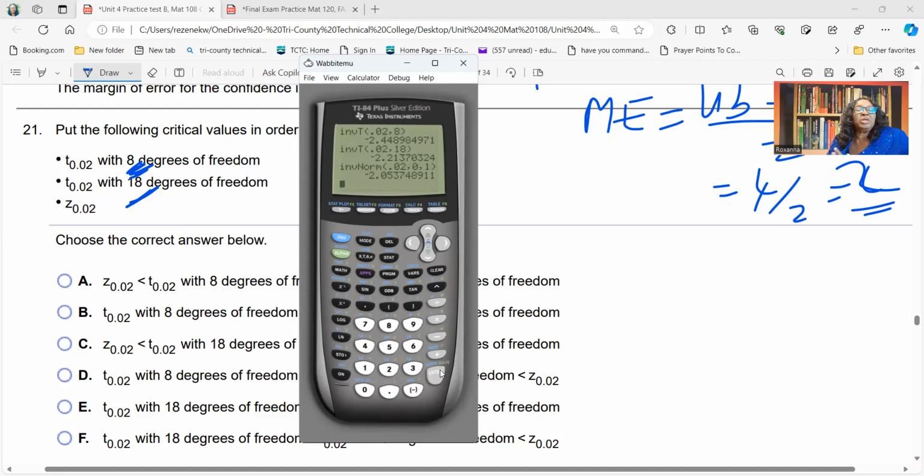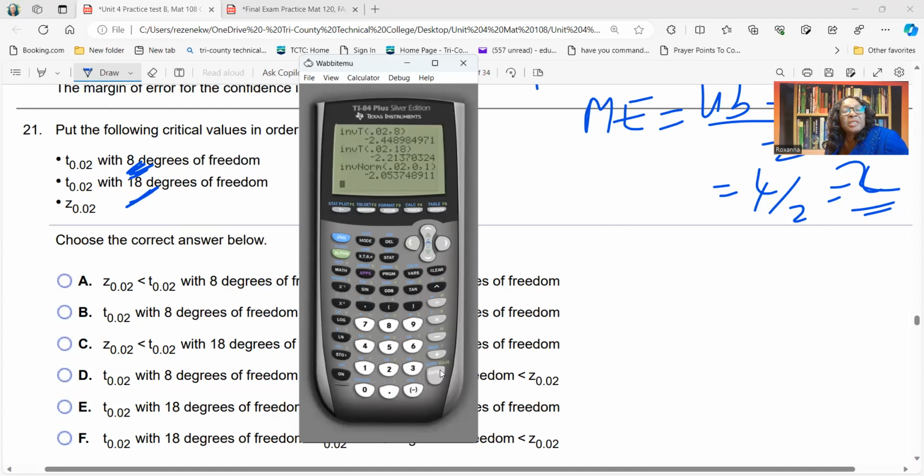Okay, so you notice that in 8 degrees of freedom, it has negative 2.45, 18 degrees of freedom, negative 2.21, which is larger.